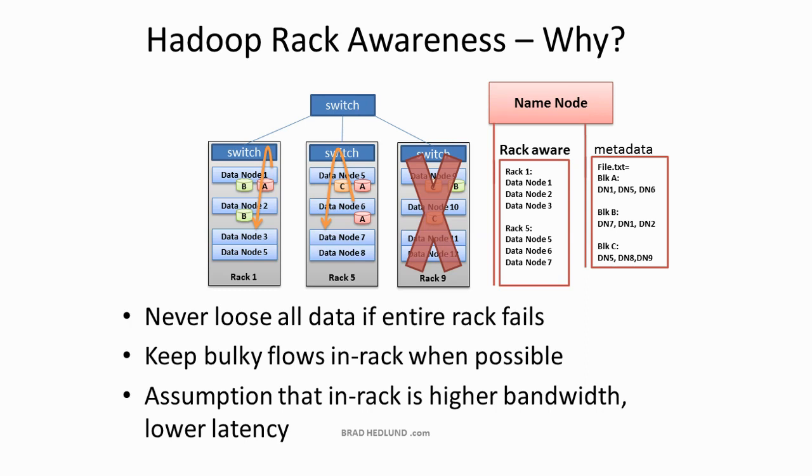Then we got to know all the data stored on that rack. All right, so the name node then schedules a whole bunch of read and write operations so that this data can be replicated.